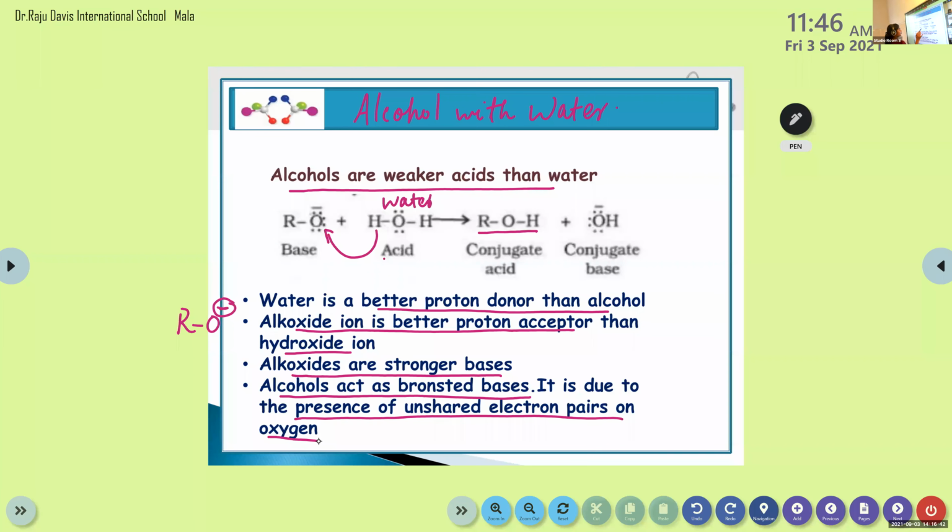And here also the same thing: when the acid donates H plus ion, it will act as a conjugate base. Here the water will donate H plus ion and the remaining portion is the conjugate base. And the base here is alcohol, it will accept one hydrogen and become a conjugate acid. Okay, this is clear?